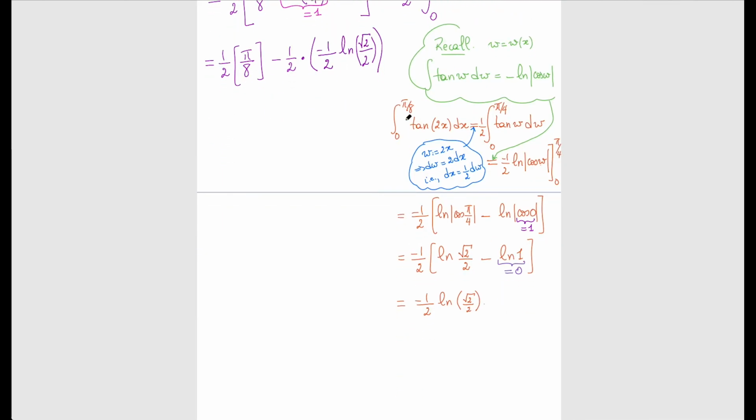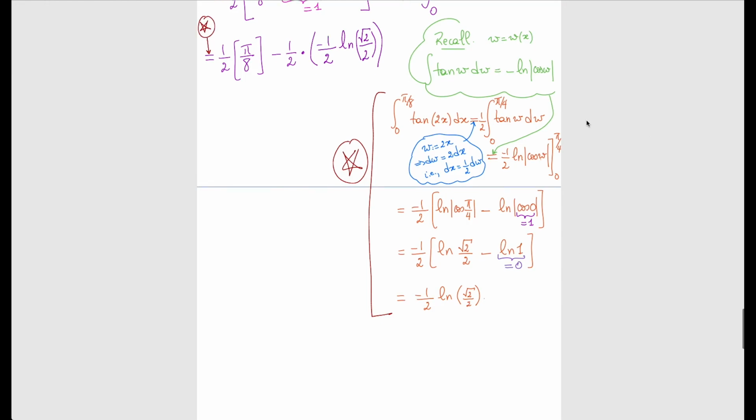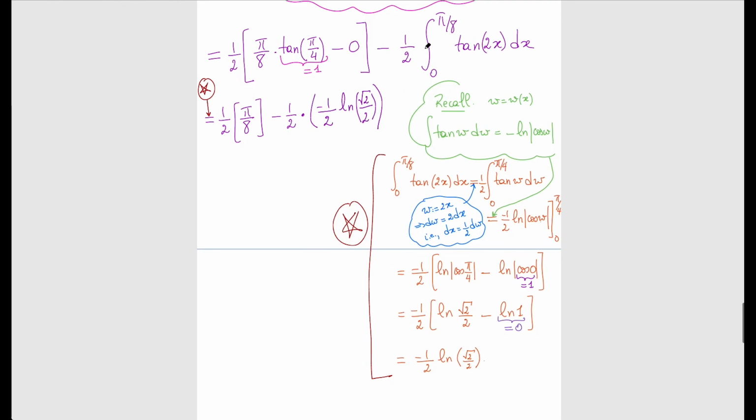All this discussion here, let's call it star. That's the star discussion that I can add right there. Because of this star package, I was able to replace this definite integral by this value. Correct? Alright. And this is good enough. But let's simplify it.